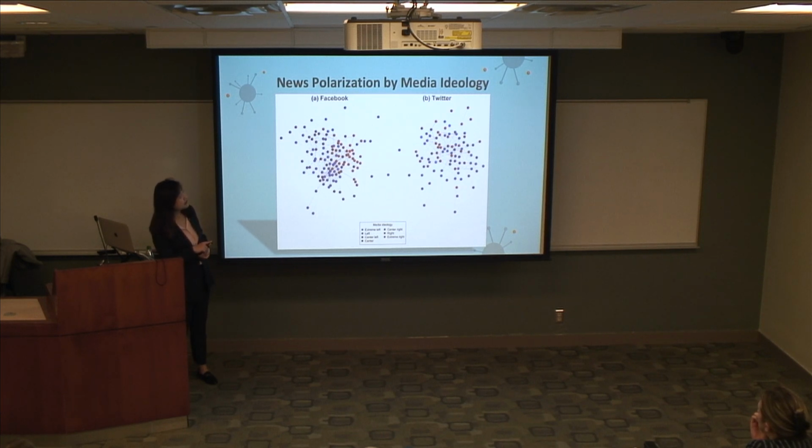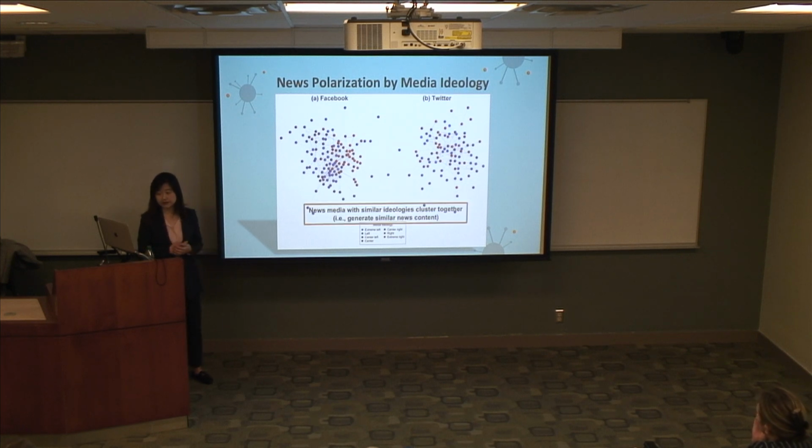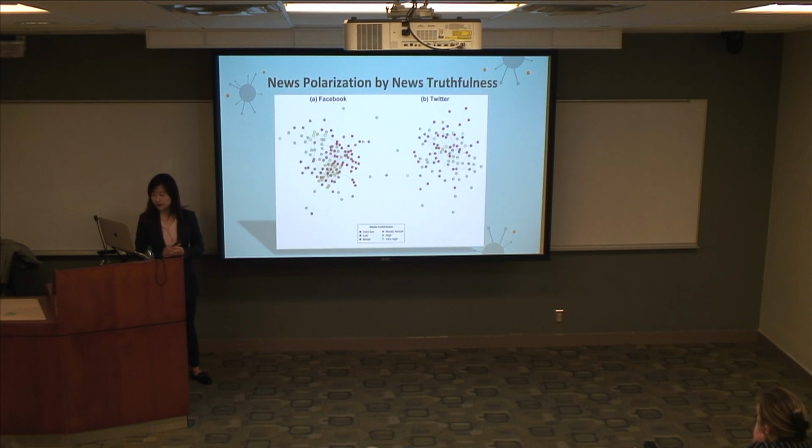Red or reddish colors represent conservative, and blue and bluish colors represent liberal. As you can see in the figure, news media with similar colors tend to cluster together. In other words, news media with similar ideologies tend to generate similar news content. This is just based on the visuals, we find this pattern.